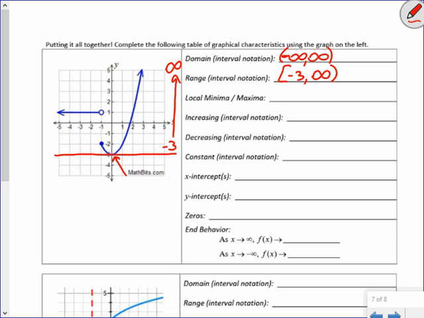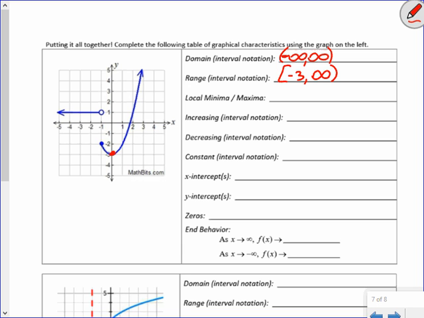Great, now we're looking for a local minimum or maximum, and again, what you're wanting to do is look for hilltops and ditches. So we don't have a relative maximum because there are no hilltops. We also wouldn't have an absolute maximum because it goes forever to infinity. So we don't have a true highest number because you can't stop at infinity. But we do have a lowest value right here.